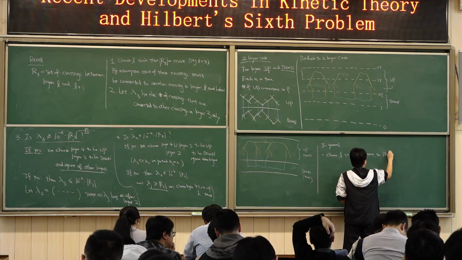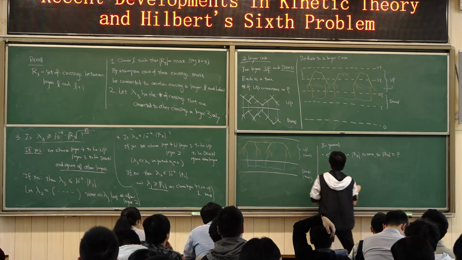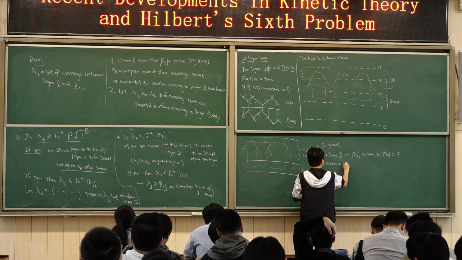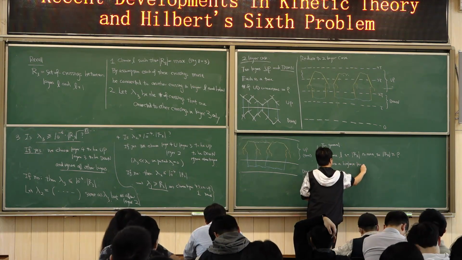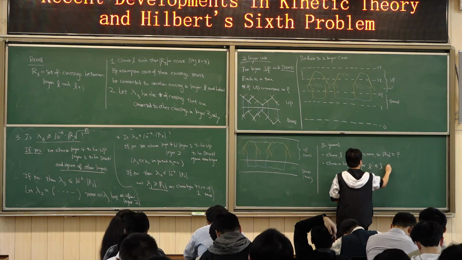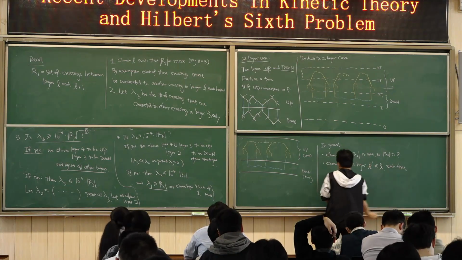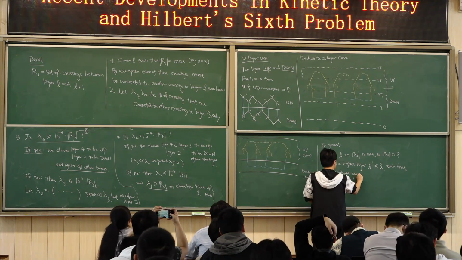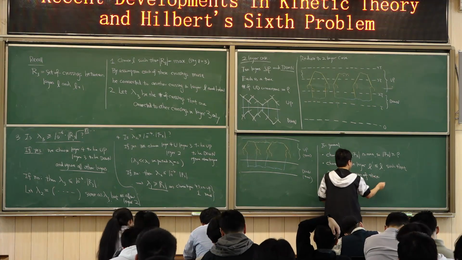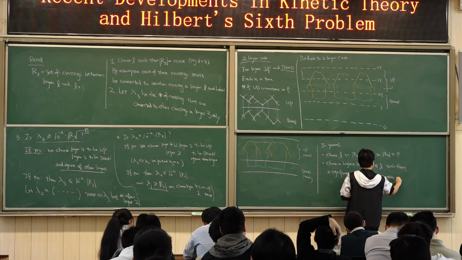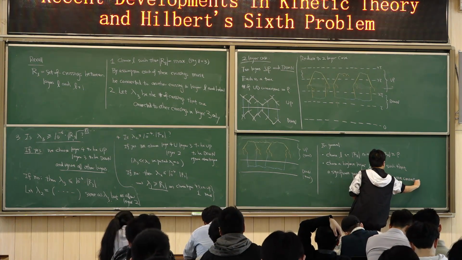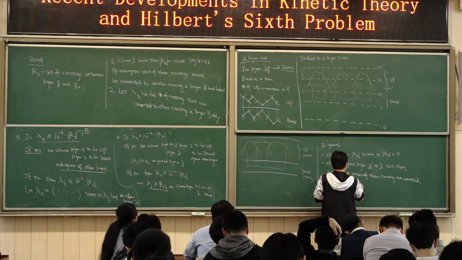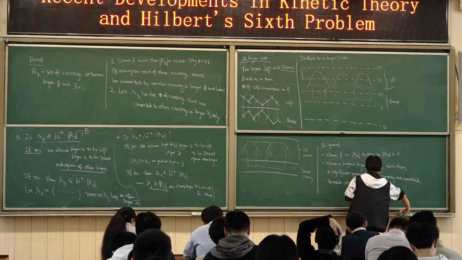R_L bigger than rho. Then choose the highest layer L prime less than L, such that a significant portion of these crossings are connected to each other above, or let's say between the layer L and L prime.